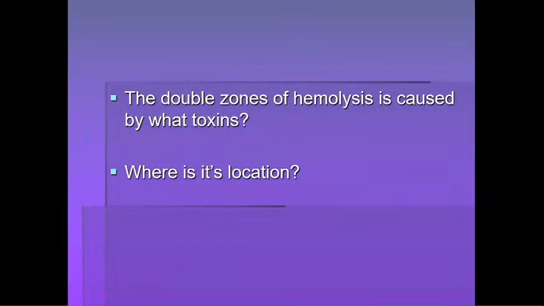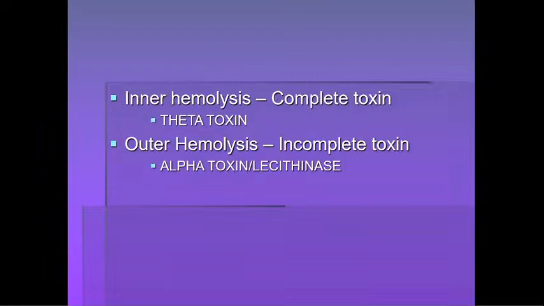Alpha toxin, which is lecithinase, causes an outer zone of incomplete hemolysis, and complete hemolysis results because of theta toxin, which is seen in the inner zone of hemolysis. So these are the two types of toxins: theta toxin and alpha toxin, or lecithinase.